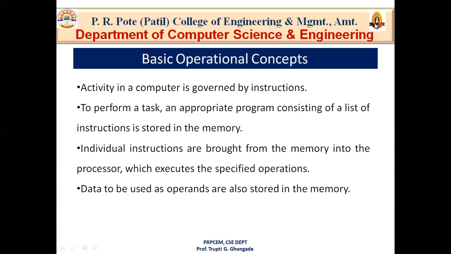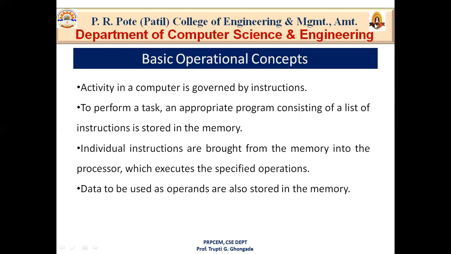So to execute the instruction, the processor requires GPRs, general purpose registers, for the temporary storage of data, and some special purpose registers. Now, which are the special purpose registers? Program counter, instruction register, memory address register, and memory data register. These four registers are the special purpose registers. Now, what is their function? I will tell you.